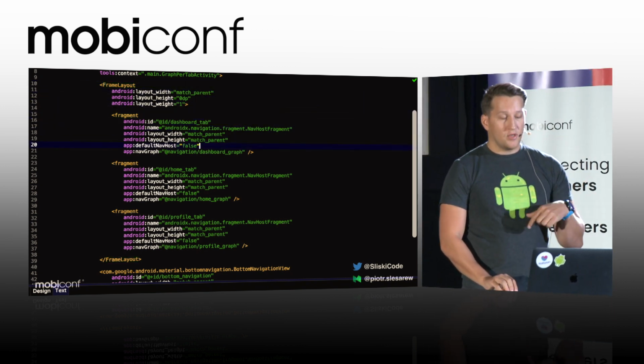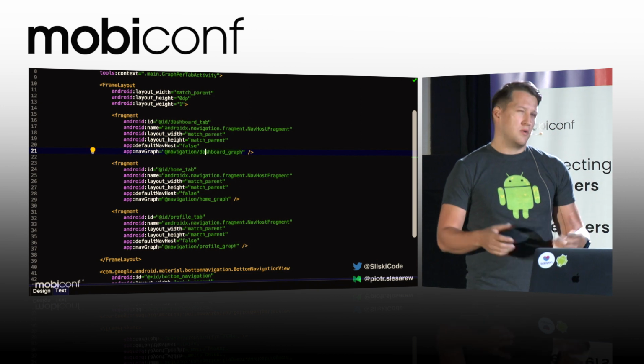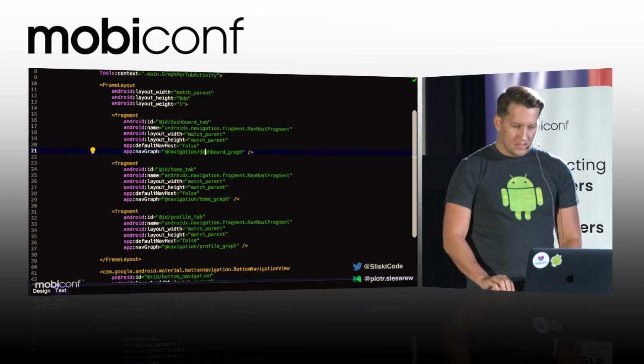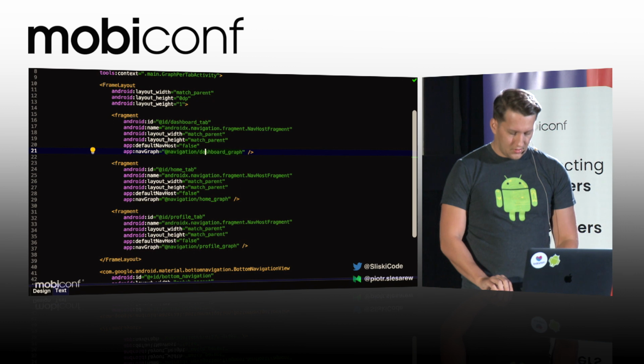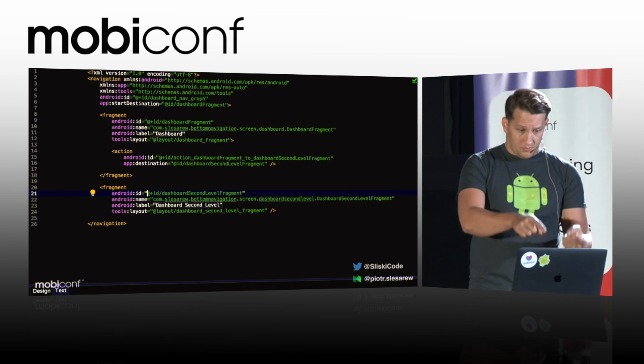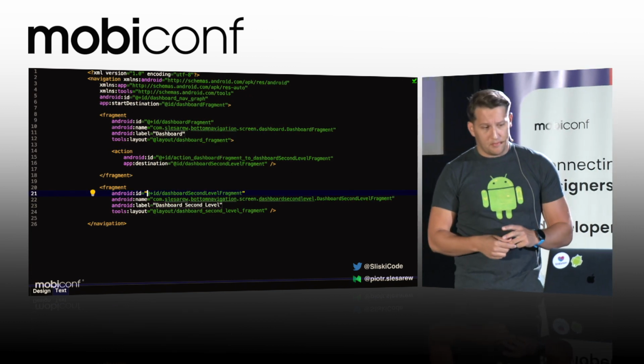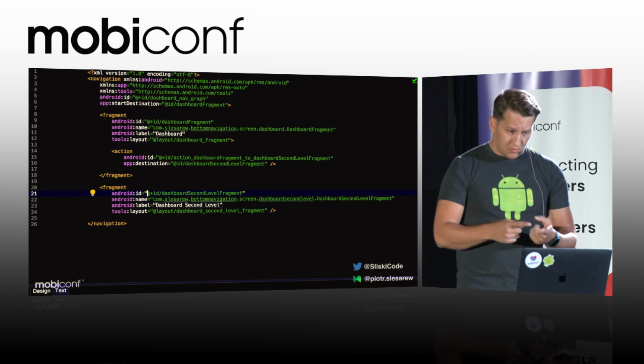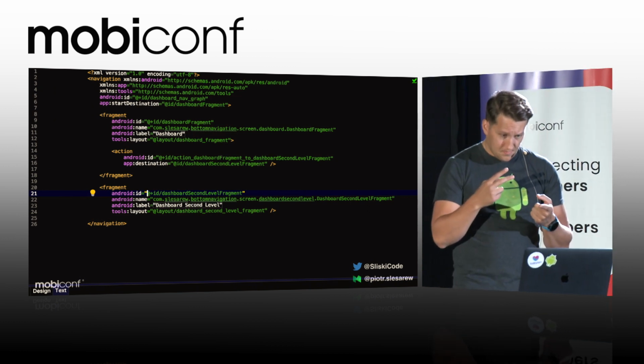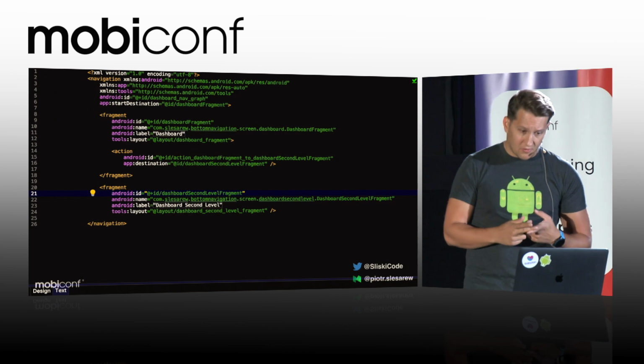So it's not going to be everything on a single graph, but we are building something like a subgraphs architecture here. From the XML perspective, we have only a dashboard fragment and a dashboard second level fragment.